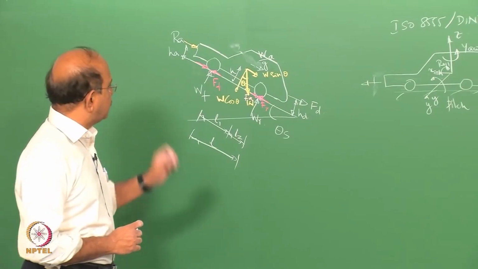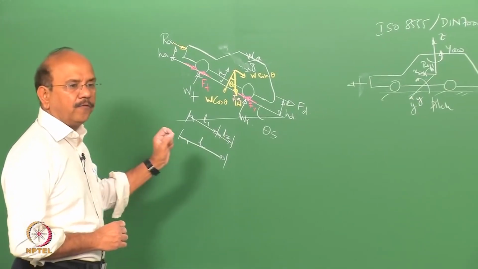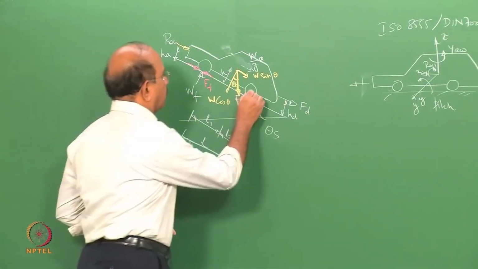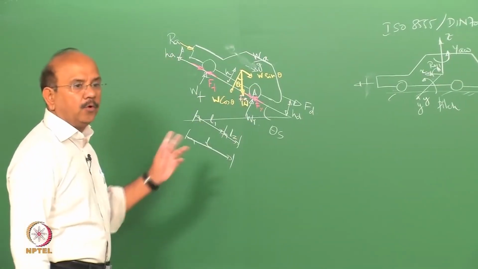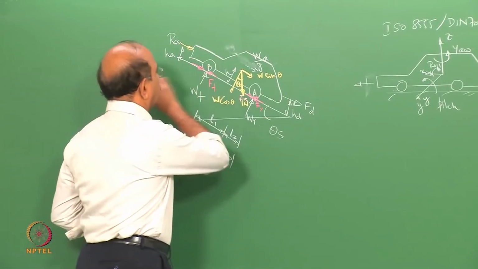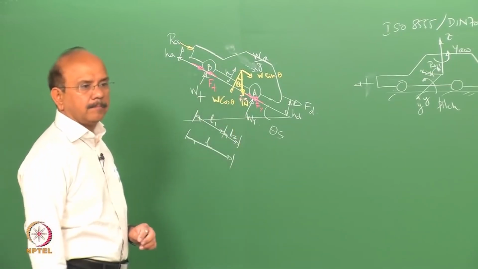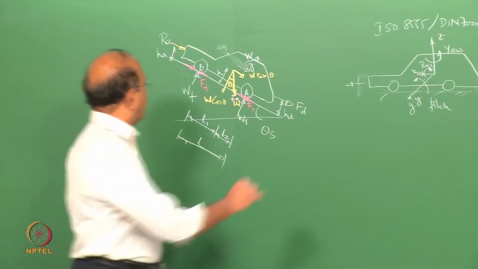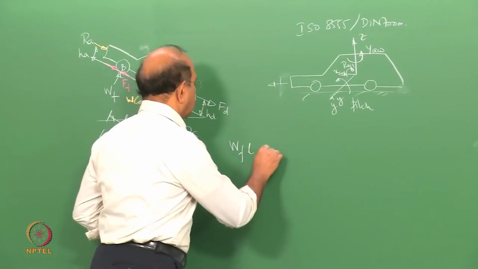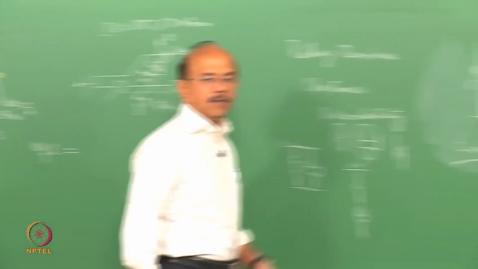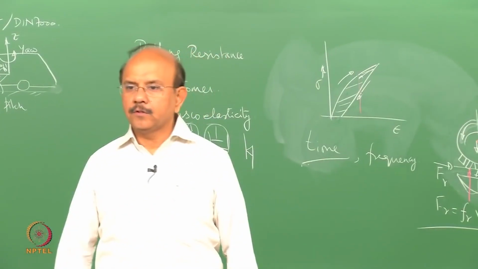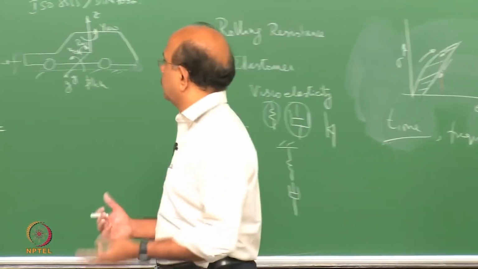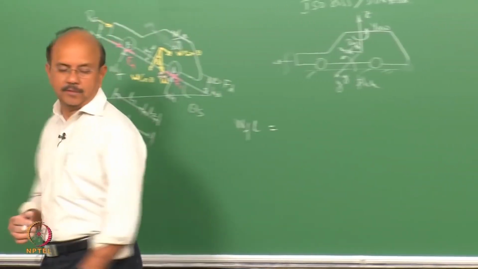Okay. Our next step is to find out WF and WR. WF is determined by taking a moment about the point A, and WR by taking a moment about the point B. So on one hand we have WF into L is equal to, on the other hand you are going to write down the moment due to the forces. So you know this very well.